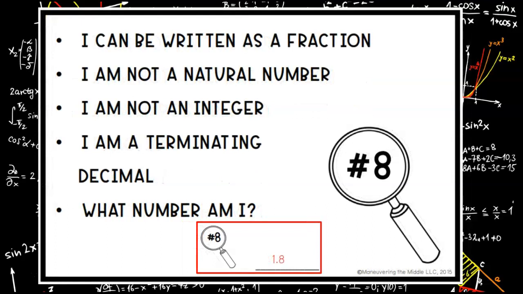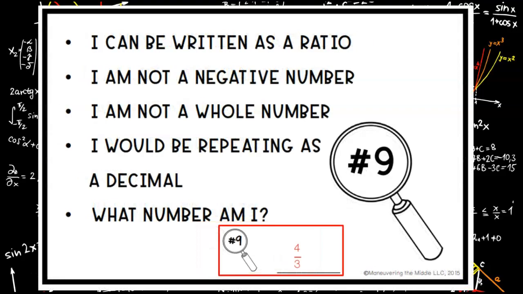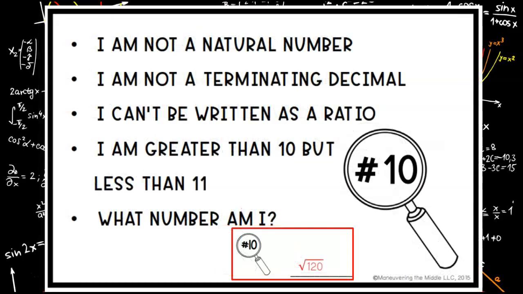Number 8 is 1.8. Number 9 is 4/3. And number 10 is the square root of 120.